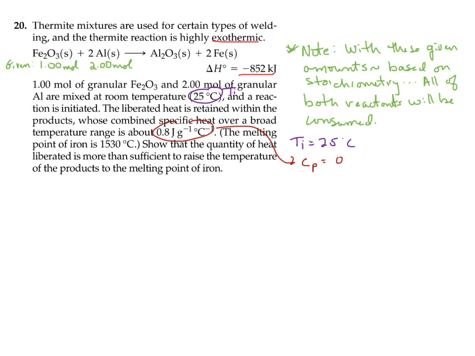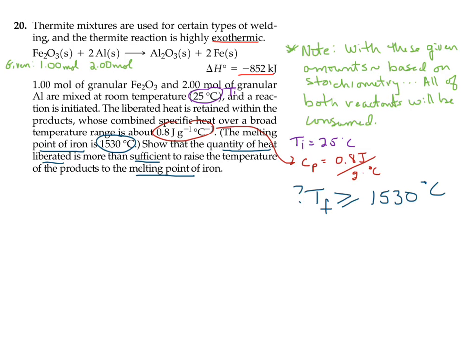So notice it gives you the initial temperature of the reactants, 25 degrees Celsius. It also gives you a specific heat of the reactant, 0.8 joules per gram degree Celsius.